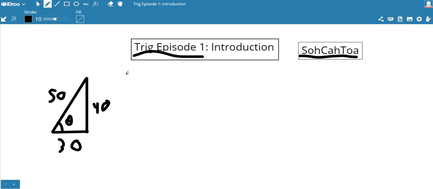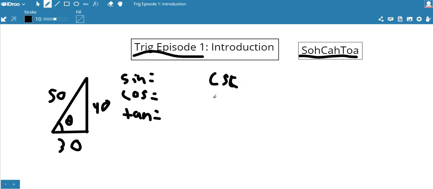What is the sine, cosine, tangent, and cosecant, secant, and cotangent? I'll give you a couple minutes to figure this out.